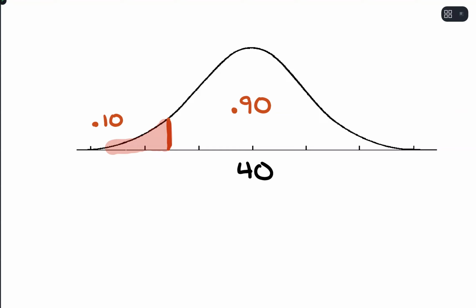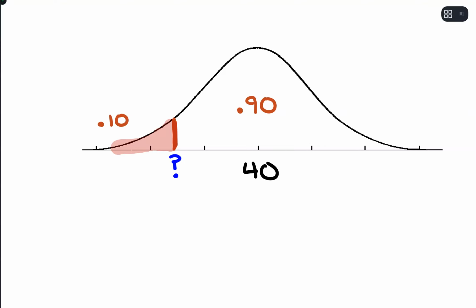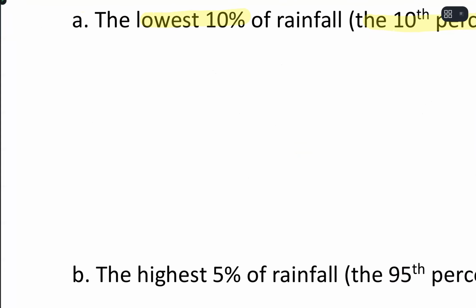And what we're interested in is where did I draw that line? In terms of a scale of mean of 40 and standard deviation of 8, what is the number on that number line where I separated these two areas? If I wrote probability notation for this, we're going to the left, so this is the probability that x is less than or equal to, but I don't know what.